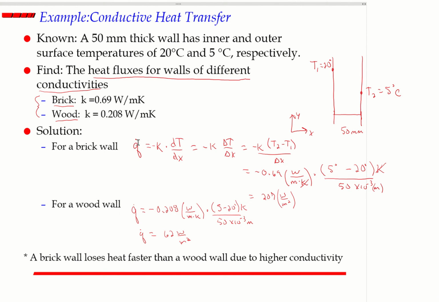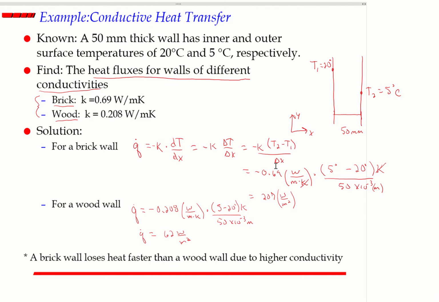It's going to be Q over A, and that'll be equal to the thermal conductivity times the temperature gradient, which is dT over dx, which can be reduced to delta T over delta x, and it can be written as negative k times T2 minus T1, final minus initial, with delta x being the thickness of the wall.